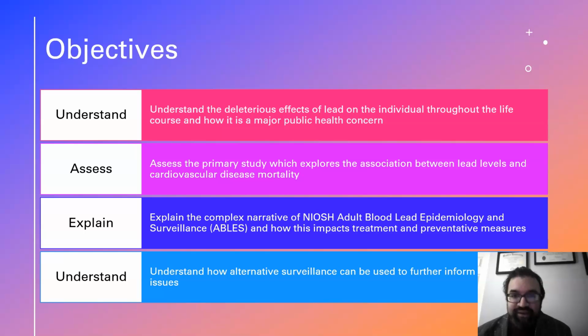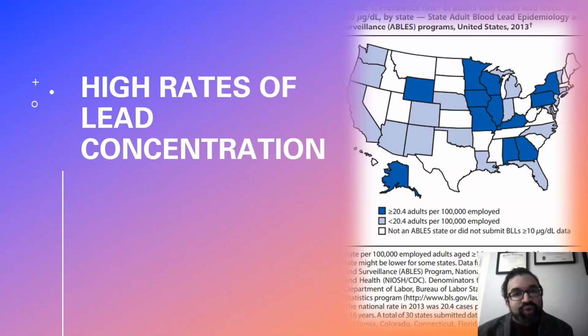This agency runs the Adult Blood Lead Epidemiology and Surveillance system, known as ABLES. If you look into more how this surveillance system works, where the funding comes from, I think a lot of this information is interesting, but beyond the purview of this lecture.